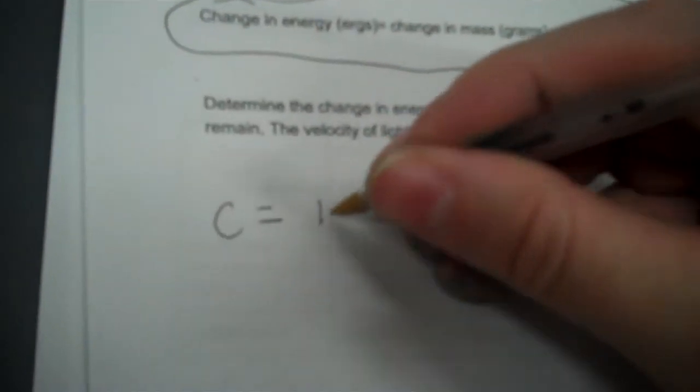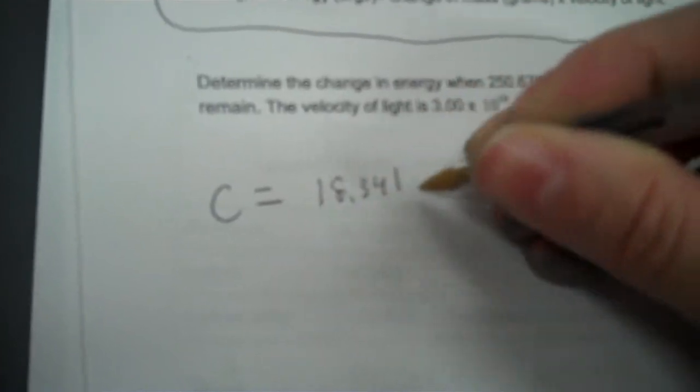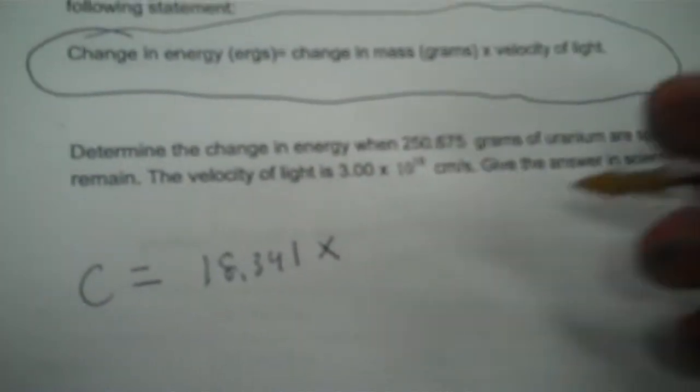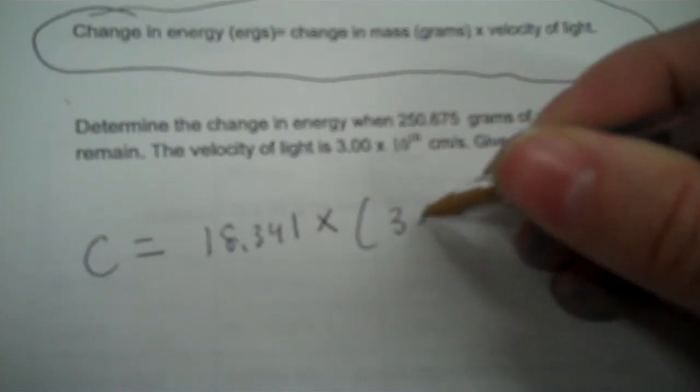So before I put it in the formula, I need to subtract. 18.341. Okay, so that's your change, and then times the velocity of light. Well, the velocity of light is in scientific notation, so times 3 times 10 to the 10th power.